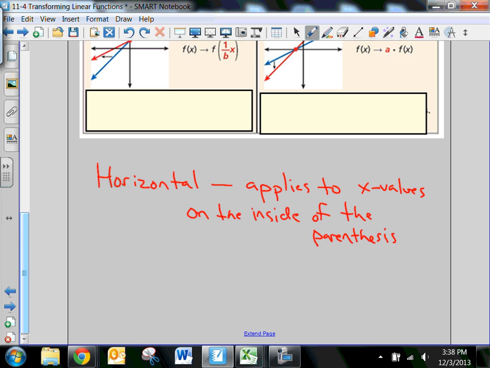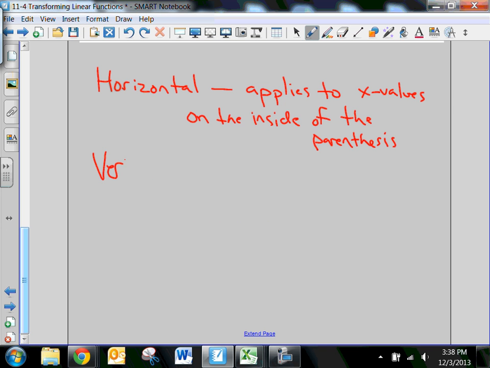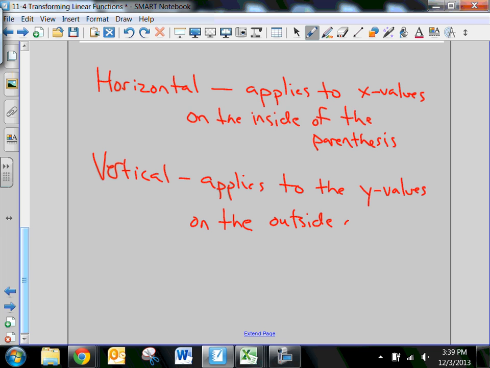And then obviously if it's a vertical shift of any kind or vertical transformation, then it applies to the y values on the outside of the parentheses. So these are two big facts that I want you to remember: horizontal and vertical transformations.